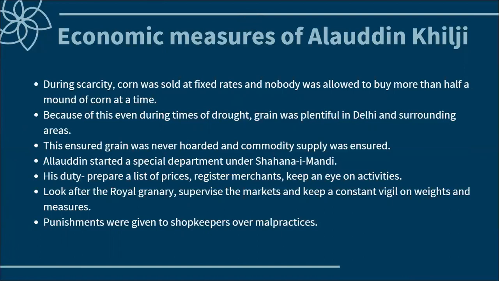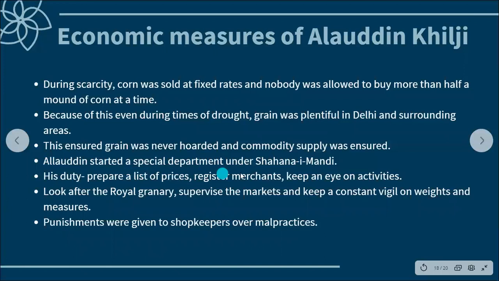But because of this, there was never a situation of hoarding, or a dearth of grains. It was always available in plenty, right? Because of his system of pricing everything, and because of his subsidized rationing, right?